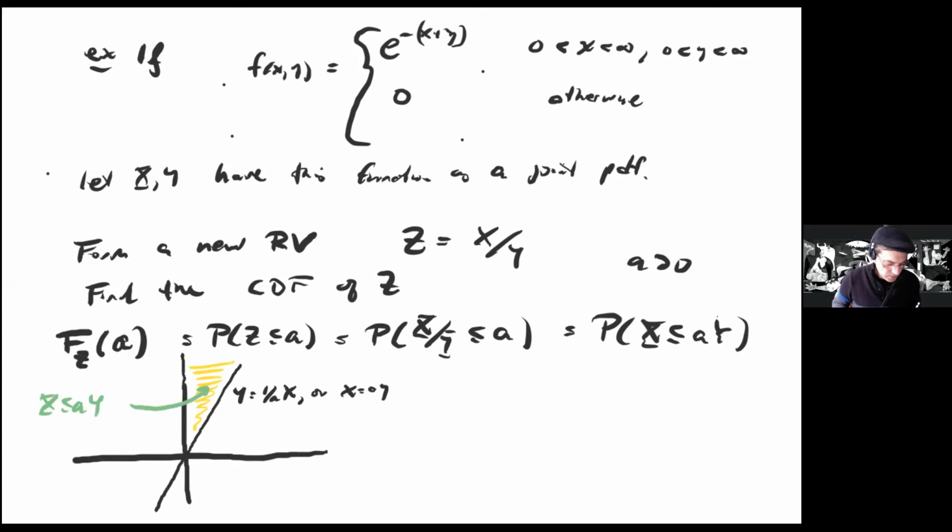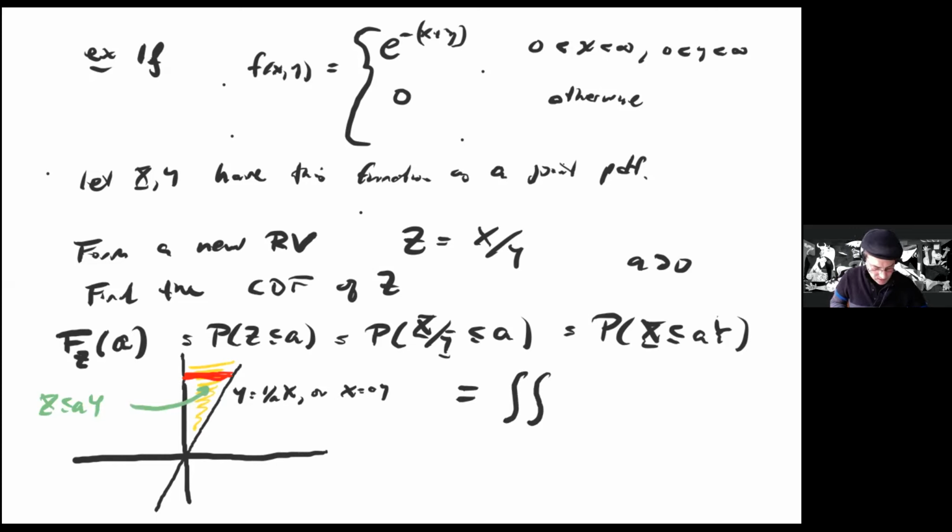So we can figure out what this is in the following way. It's the double integral. How do you figure this out? You take a little horizontal segment, with a point x, y, and you can write this region as a type 2 region in the plane.